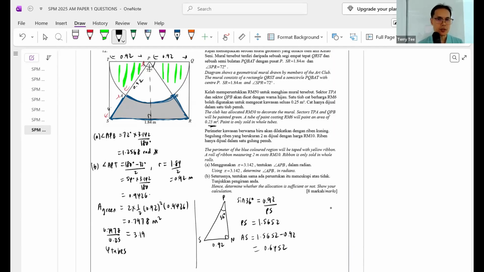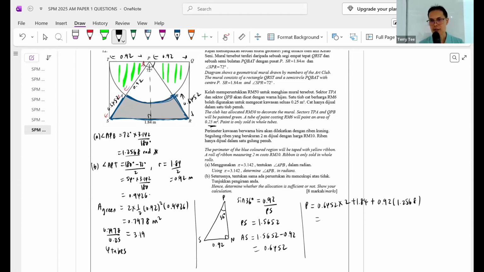Okay, everyone, what is this length? 0.6452. You just have to add the length of the arc. So what's my perimeter? We take 0.6452 times 2, for both sides, plus 1.84, plus one more part. For the arc, we use S equals r theta, 0.92 times 72 converted to radians, which is 1.2568, as we calculated earlier.